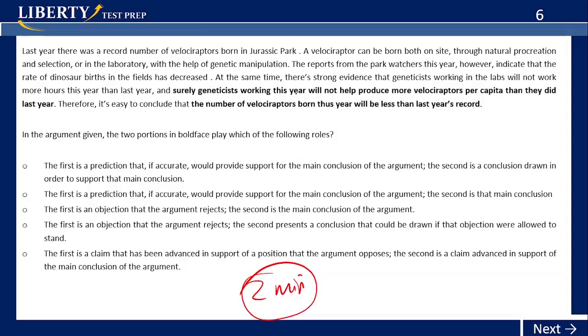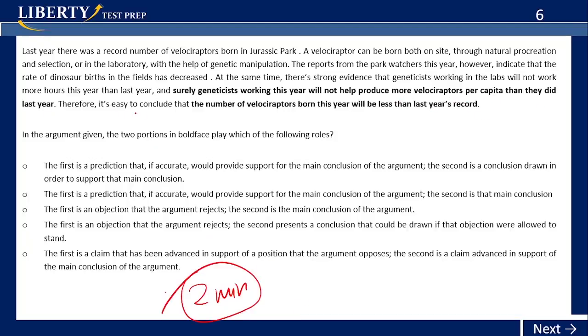At the same time, there is strong evidence that geneticists working in the labs will not work more hours this year than last year. And surely geneticists working this year will not help produce more velociraptors per capita than they did last year. Therefore, it is easy to conclude that the number of velociraptors born this year will be less than last year's record.